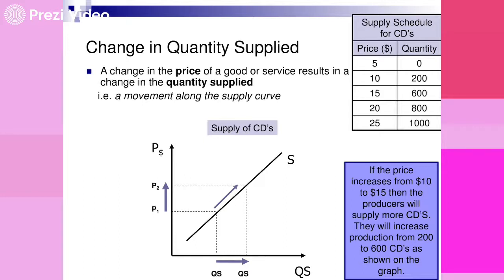If we were looking at this example, we have our supply schedule. If we could put those numbers in the graph here, we would see at $10, this producer would supply 200 CDs, and if the price was $15, he would increase his supply to 600 CDs.